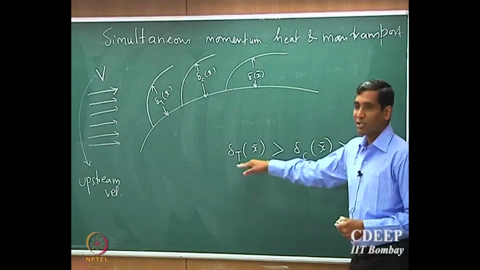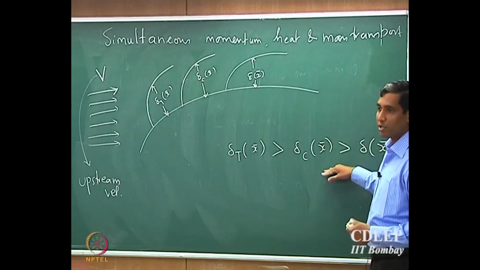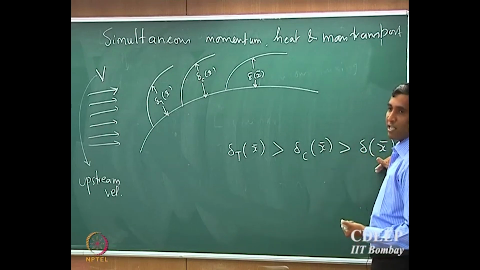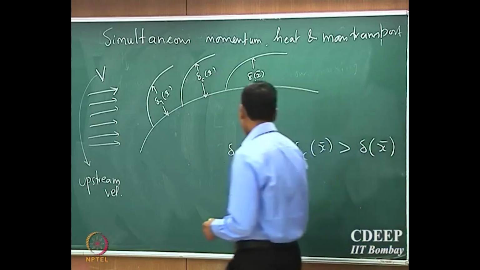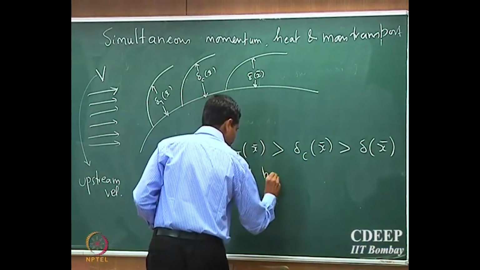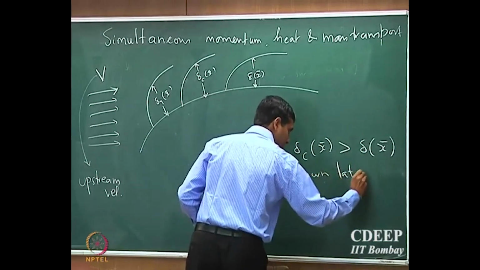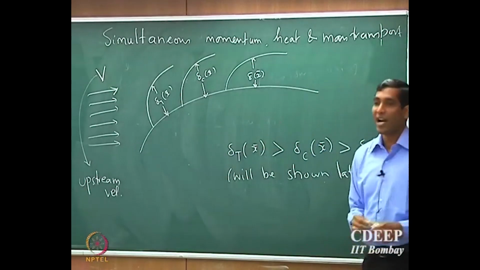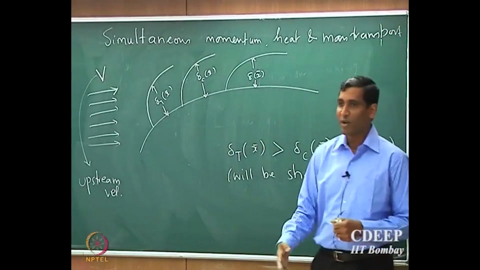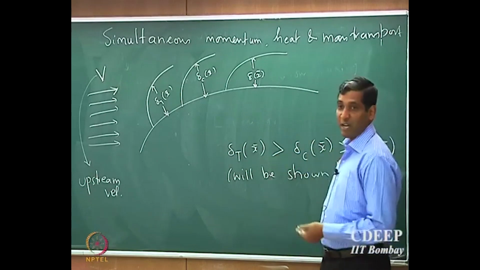So right now you assume that the thermal boundary layer is larger than the concentration boundary layer, and that is larger than the momentum boundary layer. It will be shown later as to why that's the case. In fact, it will fall out from the governing equations that this is really the case.